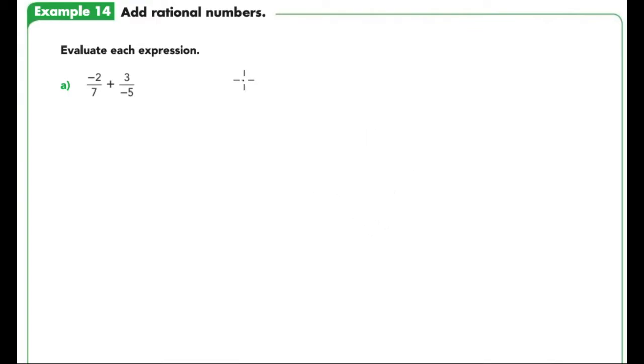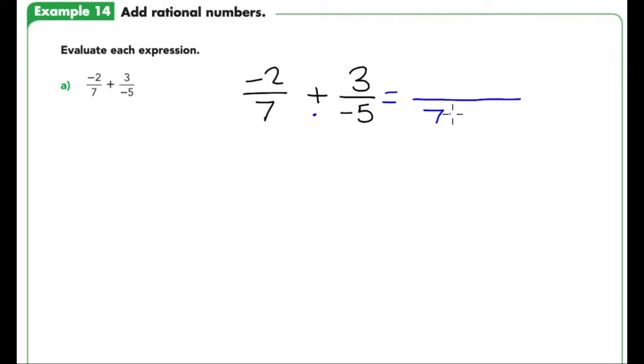Now for our problem here, we have -2 over 7 plus 3 over -5. Because the bottom of our fraction is going to be the same, I'm going to write everything on top that we need to add, and I'm going to keep the bottom what it should be. And we know that the bottom here is going to be 7 times -5.